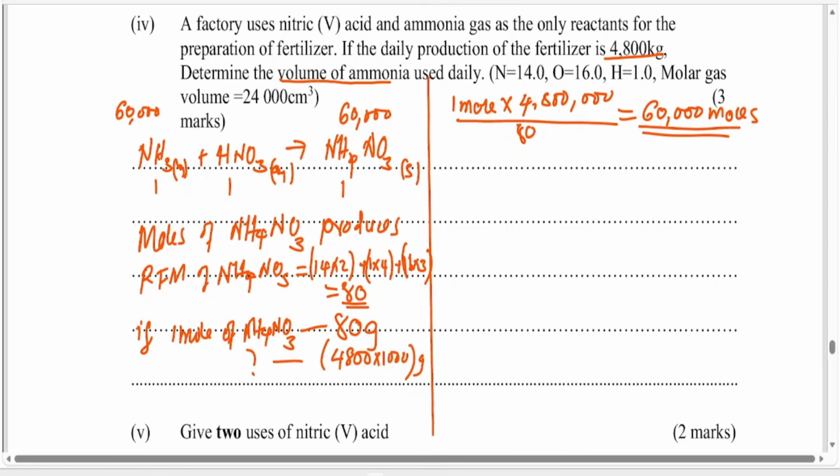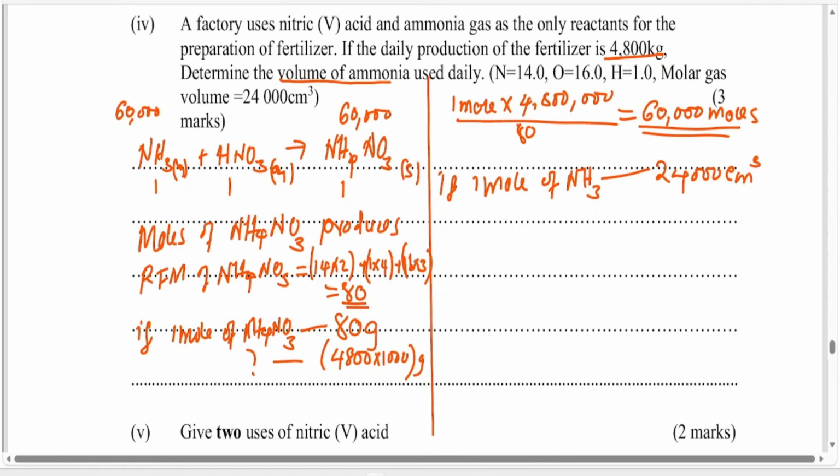So if that is the case, I'll just use again the first principle approach and say, if 1 mole of ammonia is equivalent to, remember I'm now using the molar gas volume, which is always equivalent to 1 mole, is equivalent to 24,000 cubic centimeters.